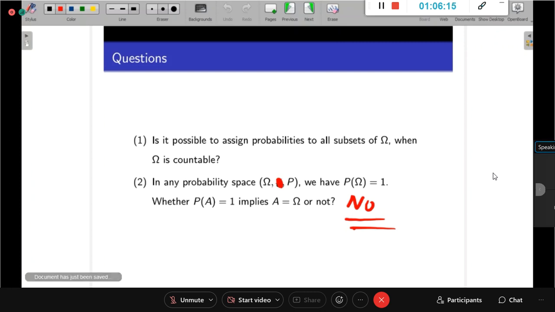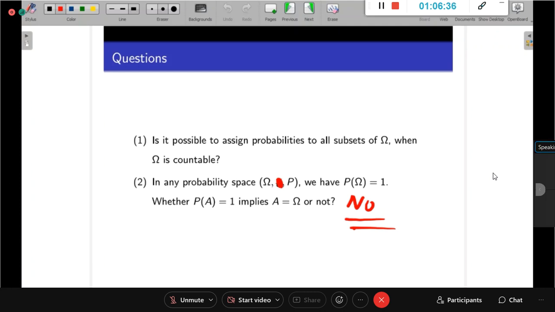Any question? Sir, in this second question, if B is that element that we are considering, so if we take B out of omega, then is omega still exhaustive or not? Omega is itself exhaustive initially.